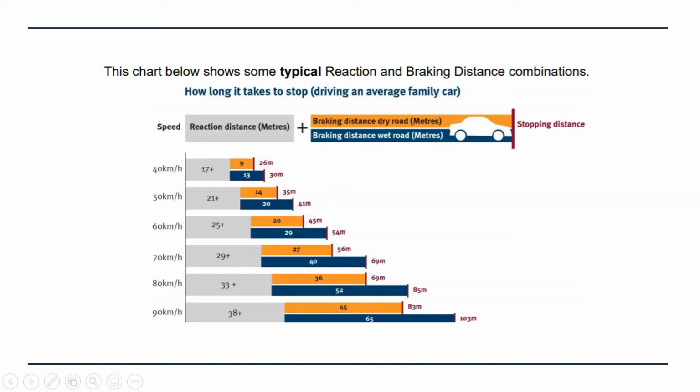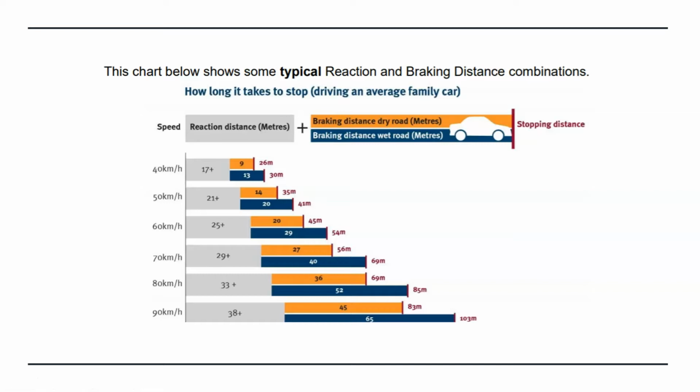So have a look up here, we've got reaction distance, and the orange is braking distance on a dry road, and this is braking distance on a wet road. So just at 40 kilometers an hour, our stopping distance, which is our reaction distance plus our braking distance, on a dry road would be about 26 meters, and on a wet road would be about 30 meters.